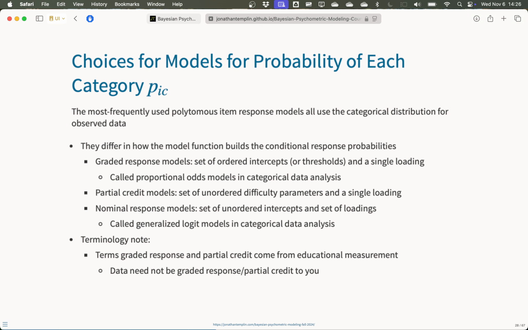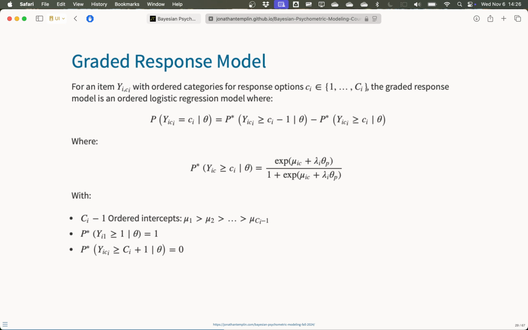The second option is slightly disagree. And as the option number increases, we have the idea that as a person's trait increases, they're more likely to pick a more agreeable option. That really provides the ordering that we see in our data. So for the graded response model, remember, this is the submodel. This is the probability that an observed item response is equal to category C, right?